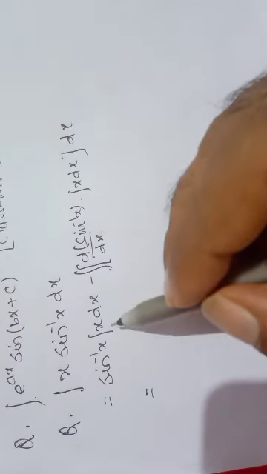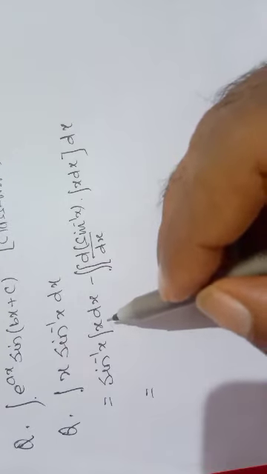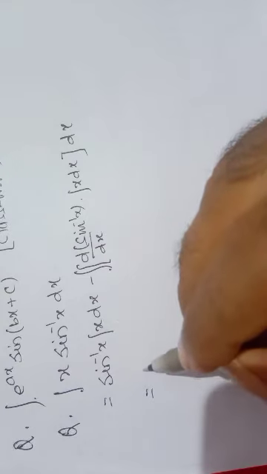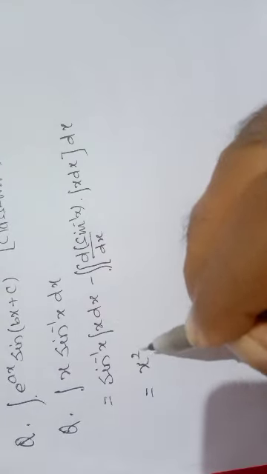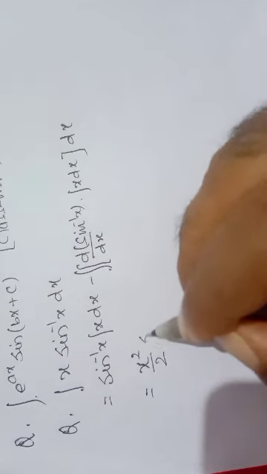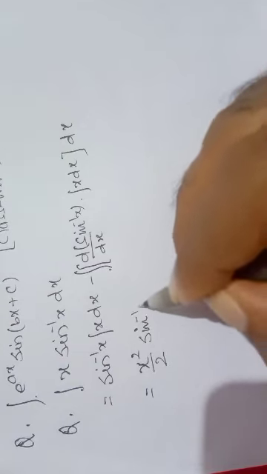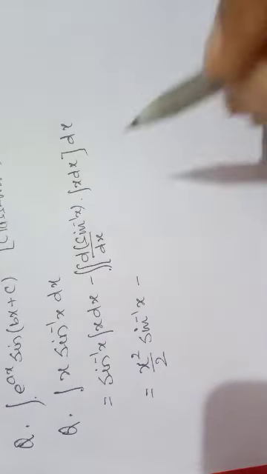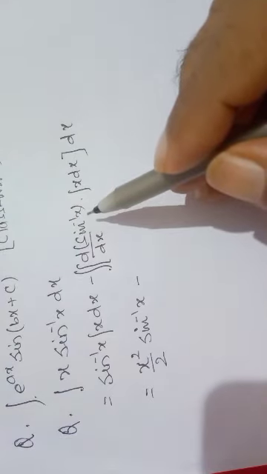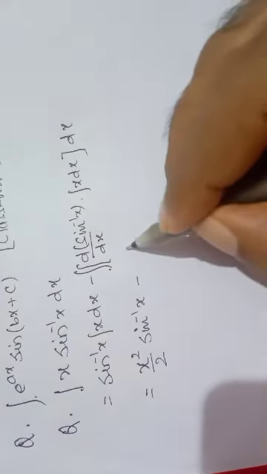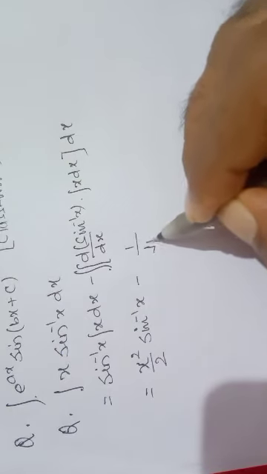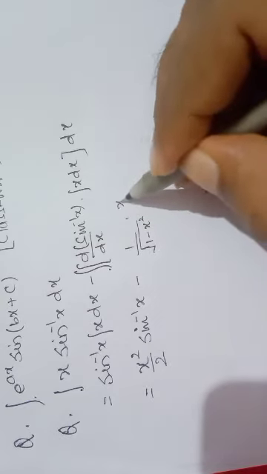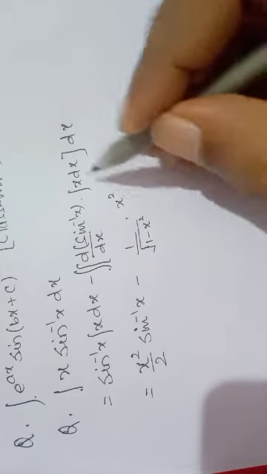Integration of x is x square upon 2, so it should be written as x square upon 2 into sine inverse x, minus differentiation of sine inverse x, which is 1 upon under root 1 minus x square, into x square by 2.